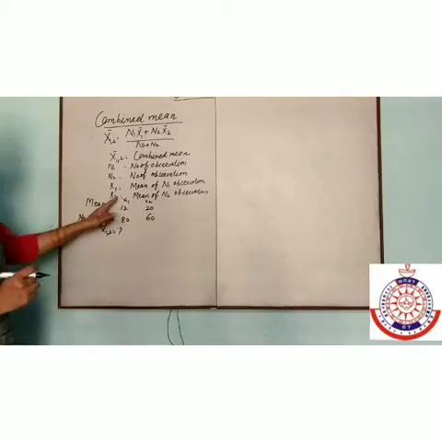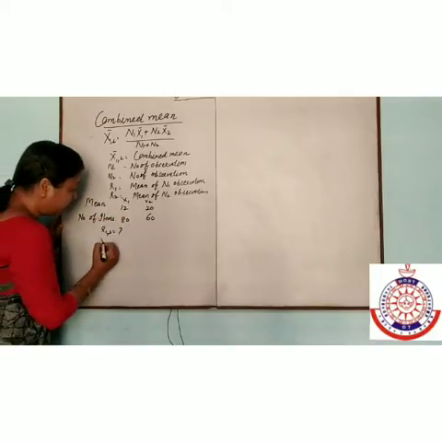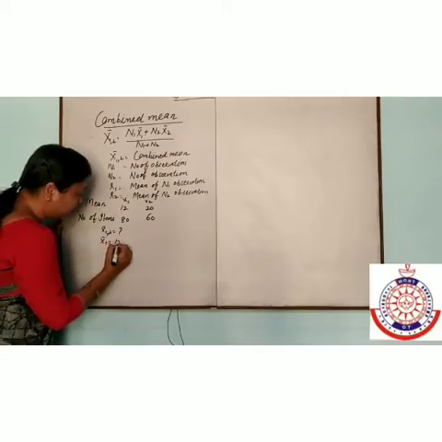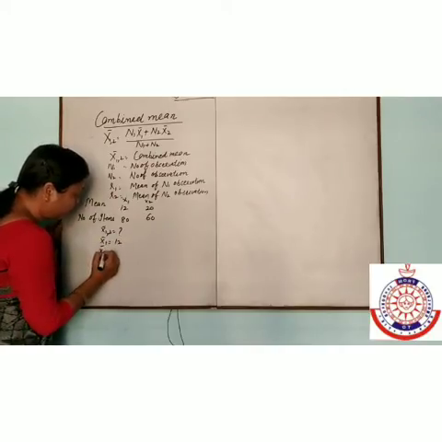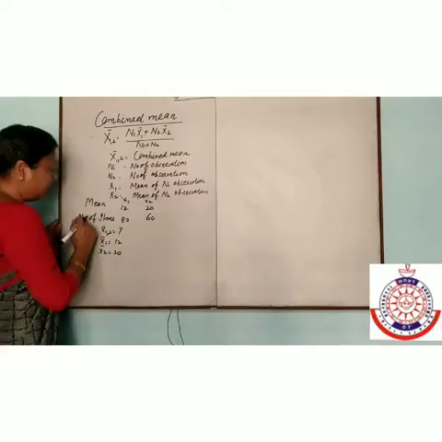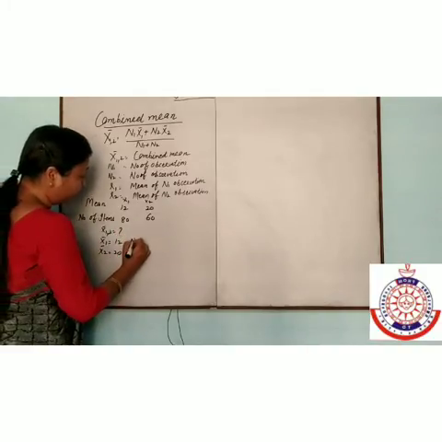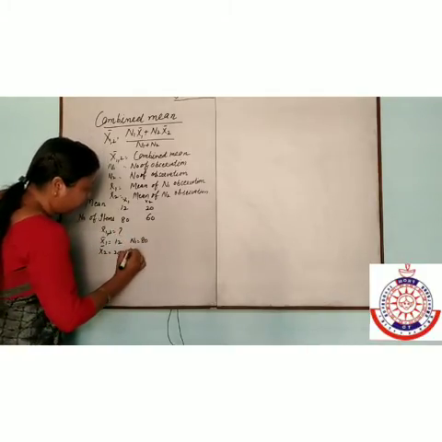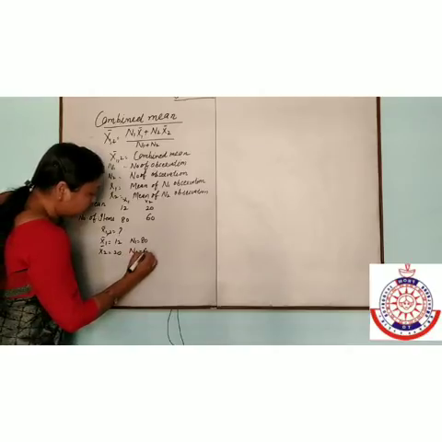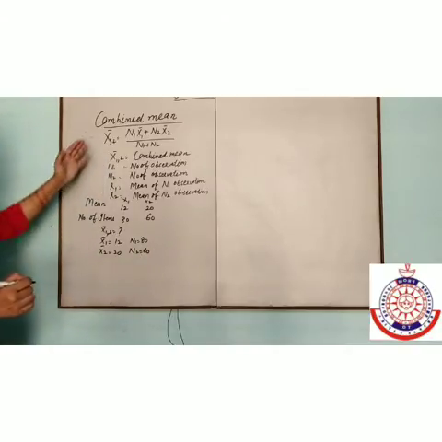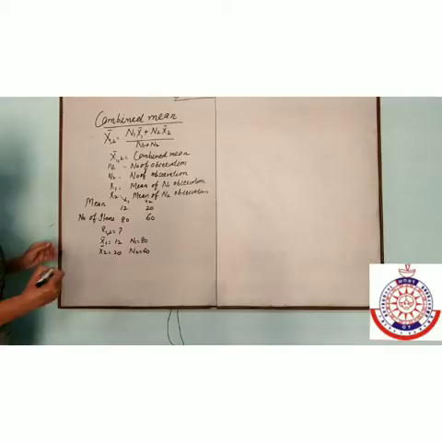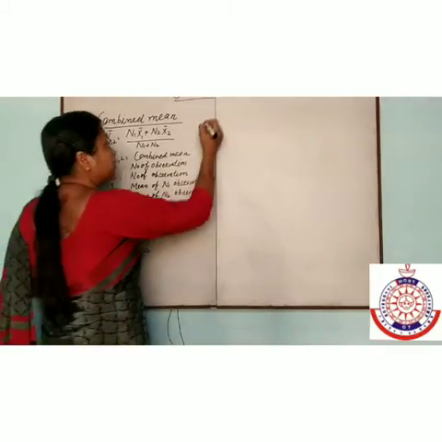Now see, x bar 1 is given as 12 and x bar 2 is given as 20. The number of items n1 is 80 and n2 is 60. So using this formula we can find out the combined mean.